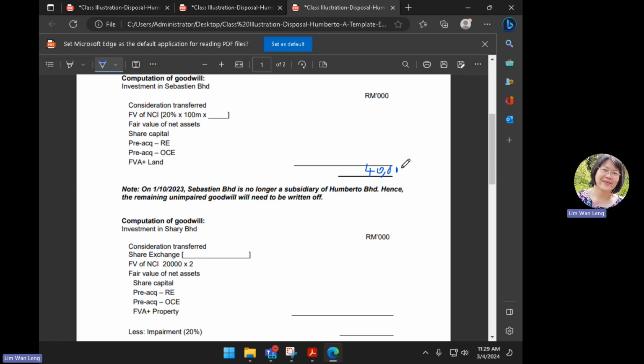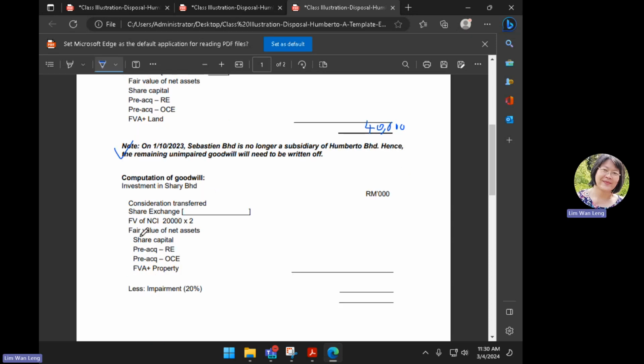What about of course, this one we already know, the first 9 months, the status is as a subsidiary. The last 3 months, the status is as an associate. So control is lost. You have to calculate gain or loss on disposal. Goodwill will be eliminated as well.